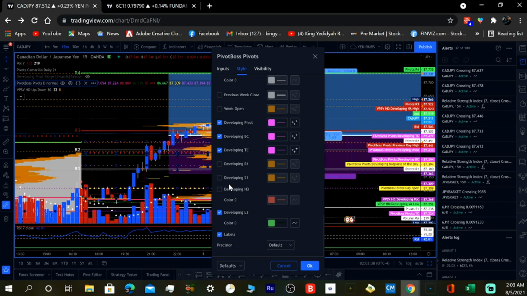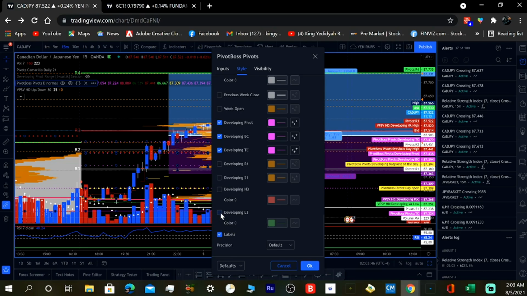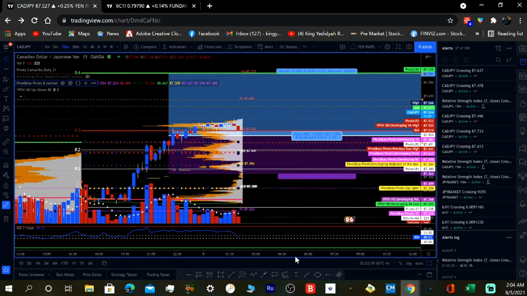So you see I just took it off. I don't want to see the developing H3, so I just took that off, developing H3 and developing L3, which I call the R3, right? So developing R3, R for resistance, and developing S3, which is support. So I just took that off, so you don't need to see that line.